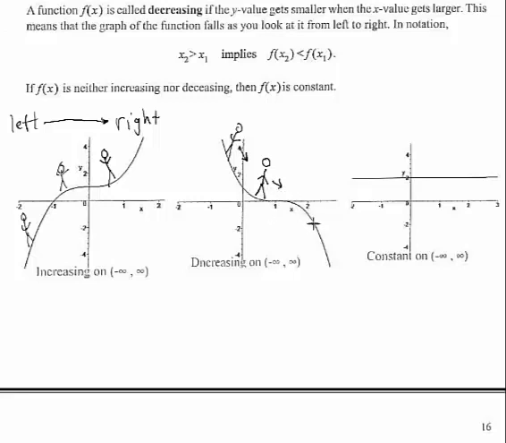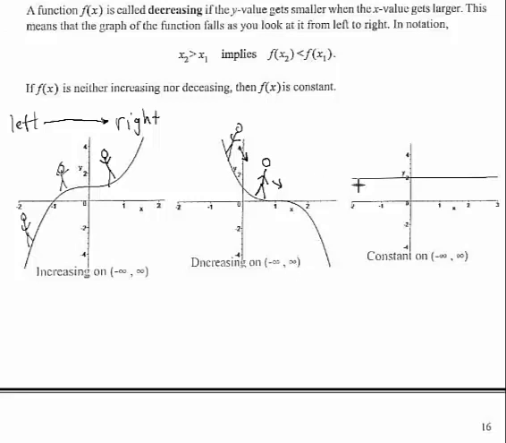Each successive step would be lower with respect to the y-axis, the vertical axis. So we say that this curve is decreasing along the entire x-axis from negative infinity to positive infinity.